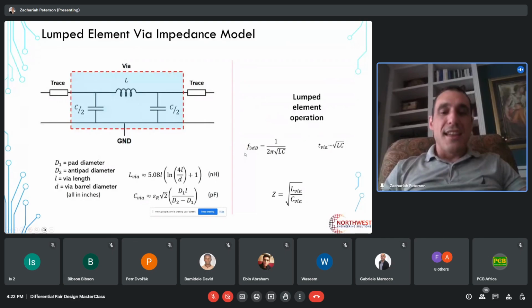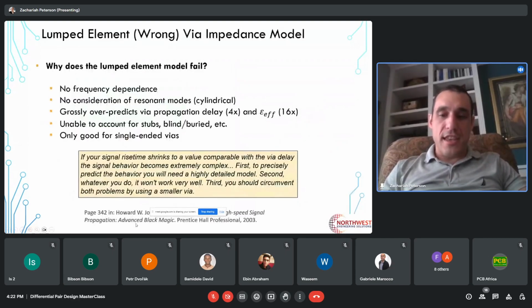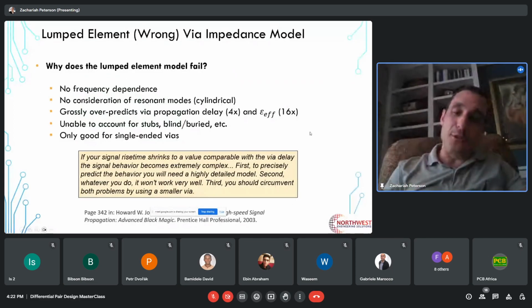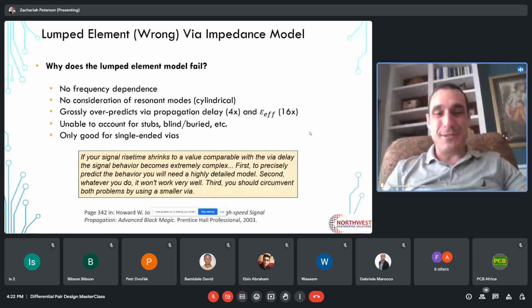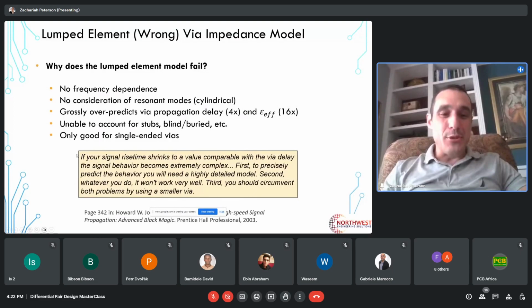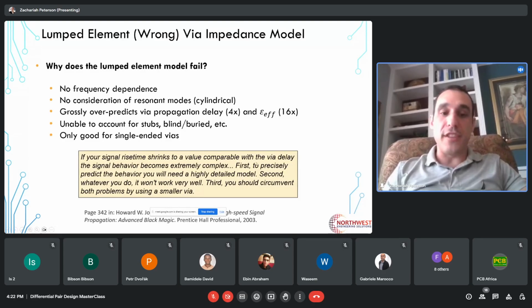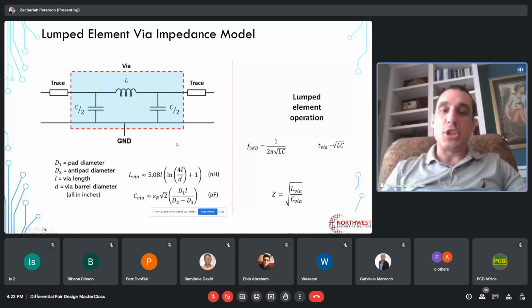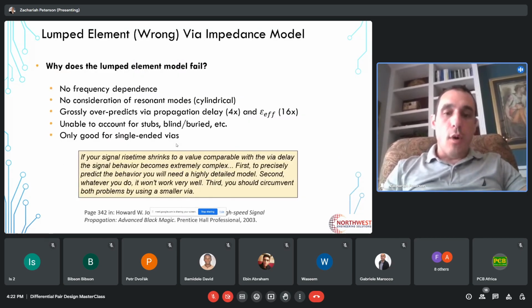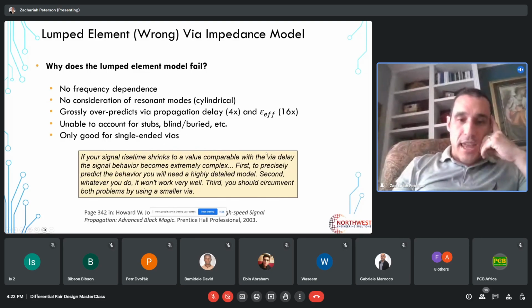Next, the author of this book who came up with this model, he actually tells you that it's incorrect. So he's literally telling you that when you shrink the signal rise time to a very small value, such that the value is comparable to the via delay, meaning that this via is now electrically long compared to the signal, now the signal behavior becomes extremely complex.